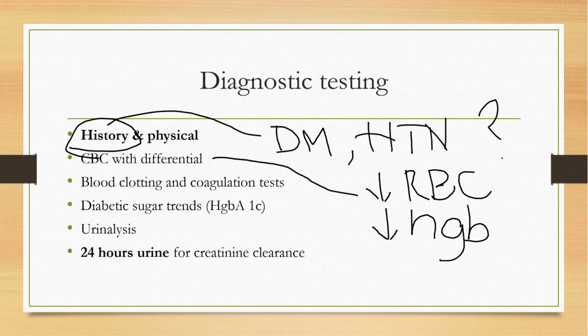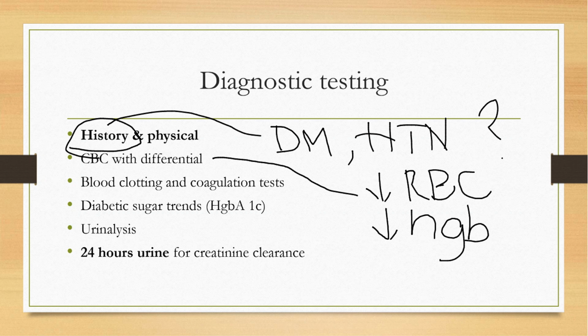Urinalysis is important. We're going to run a UA, and we're going to look for protein. In a UA, you can see protein. You can see white blood cells, red blood cells. Those are some of the things that you might see in patients who are developing chronic kidney disease. You can actually dip their urine and check for protein.